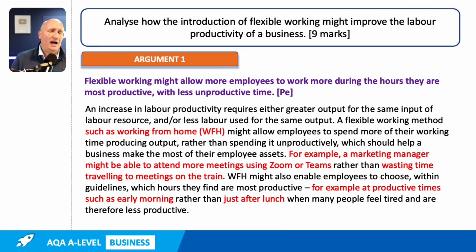And also application by simply making up an example to help illustrate the point being analysed. So we use that made up example of a marketing manager spending more time on Teams and Zoom rather than spending time maybe in the car or on the train, which might be less productive. There we go. Hopefully you think that's a decent answer. I reckon it's okay for level 3. Hopefully you've had a go at that question too.